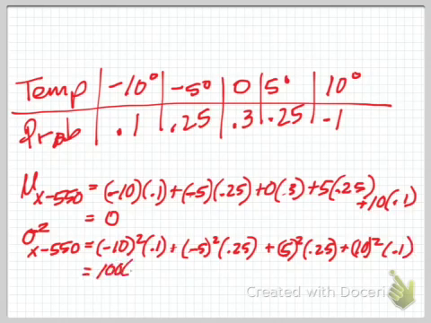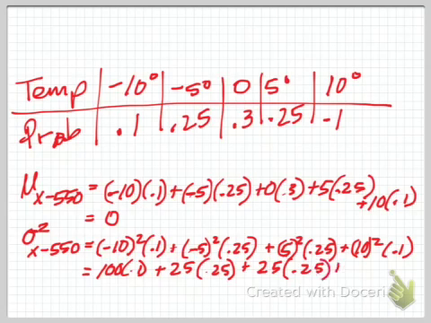That's 100 times 0.1 plus 25 times 0.25 plus, again, the 0 that we left in the middle, plus 25 times 0.25 plus 100 times 0.1. That's going to equal 42.5, the variance of the number of degrees off target, which we then square root to get the standard deviation.